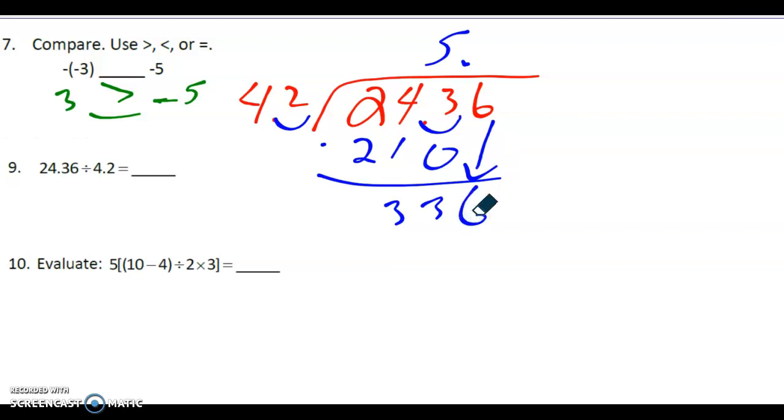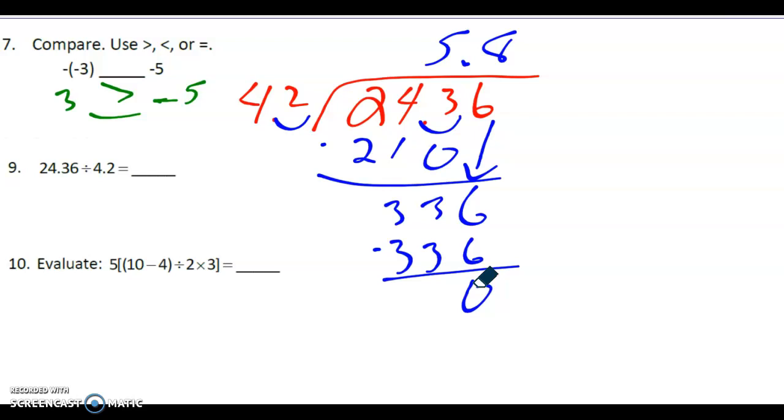Now I'm looking at 336 divided by 42. Well, 336 divided by 42 is 8. 42 times 8 is 336. So the answer to this problem would be 5.8.